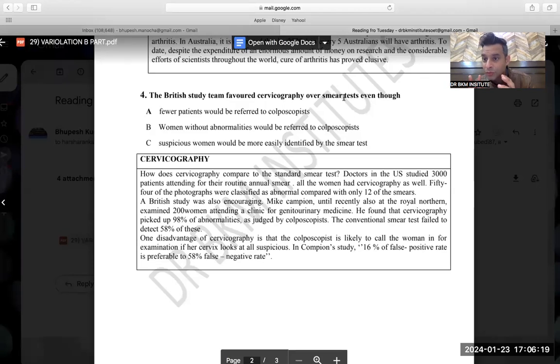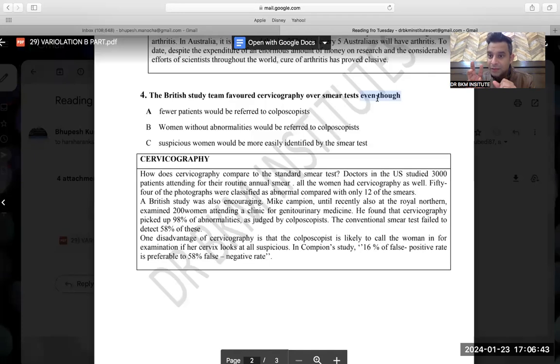Please, I have told you the most important thing of a question is to understand the question. So this question is tricky because of these two words. The British study favored cervicography over the smear test. That means cervicography was preferred, even though the smear test is better. Please understand these two words.